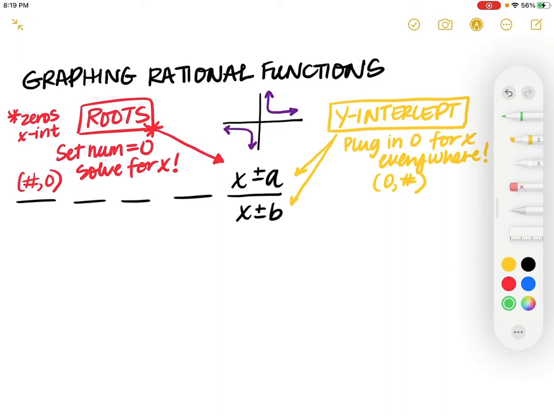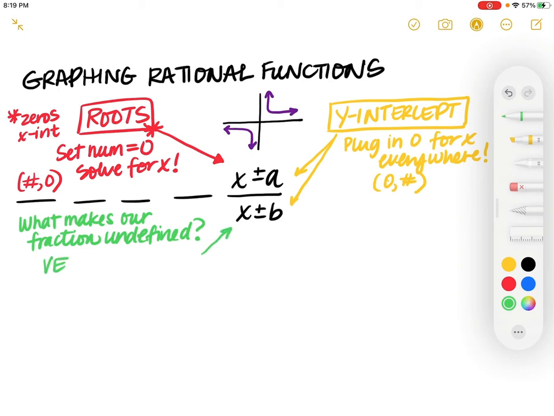Our vertical asymptotes are just like asking what makes the fraction undefined. And there's really only one thing that causes a fraction to be undefined, and that's dividing by 0. So our vertical asymptotes come from the denominator because we're specifically looking for places where we're dividing by 0.